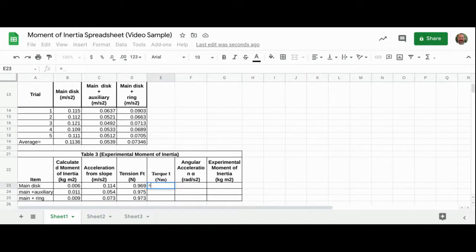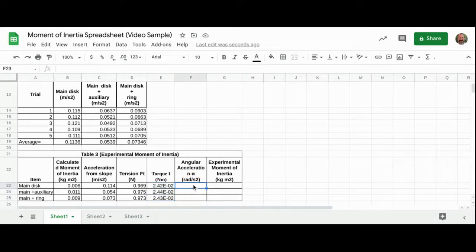The step pulley we were using was 2.5 centimeters in radius. So it would be the tension times 0.025, and that gives us our value of torque. So at the point where the string is attached to the step pulley under the main disc, it has a radius of, again, 2.5 centimeters.